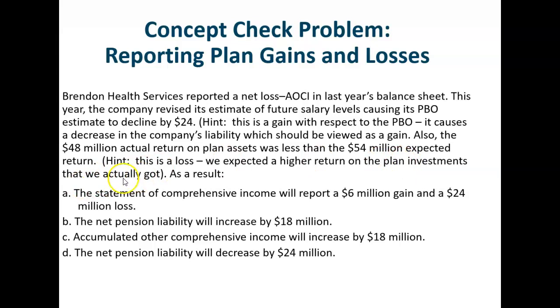So, as a result, A, the statement of comprehensive income will report a $6 million gain and a $24 million loss, or B, net pension liability will be increased by $18 million, or C, accumulated other comprehensive income will be increased by $18 million, or D, net pension liability will decrease by $24 million.